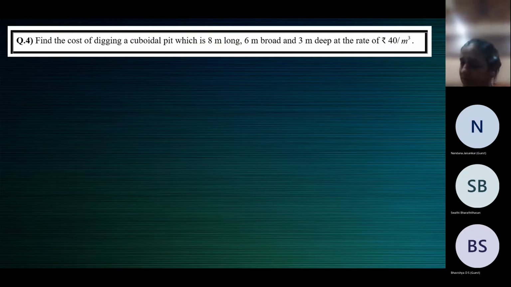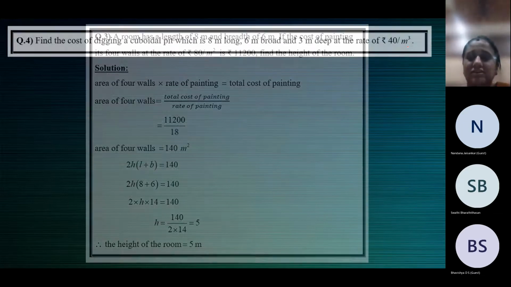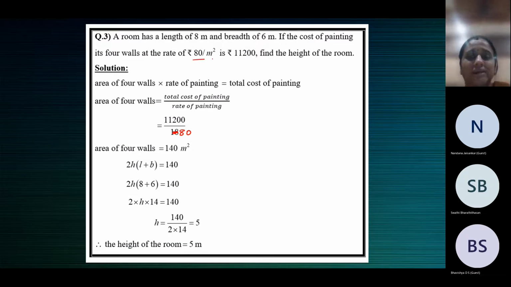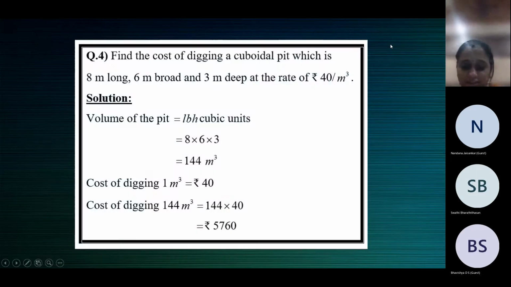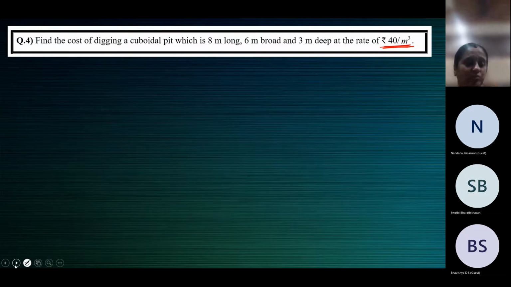And one more thing is, you can find out from the way the question is given. See here, rupees 40 per meter cube. But in the earlier question, rupees 80 per meter square. Whenever the rate is per meter square, it is about area. That's why we found the area of 4 walls. When the rate is 40 rupees per meter cube, it's about volume.